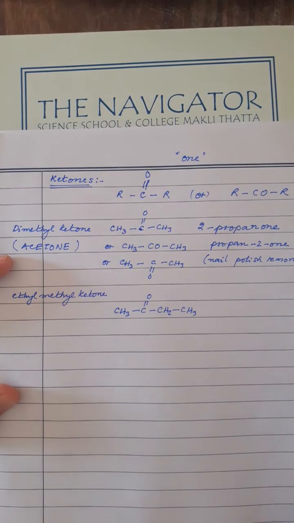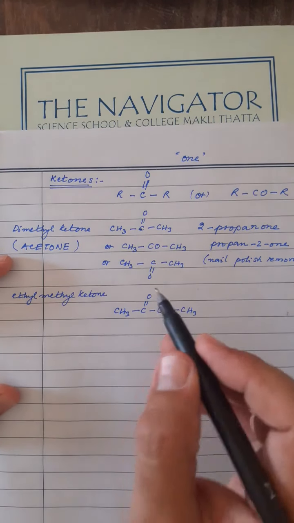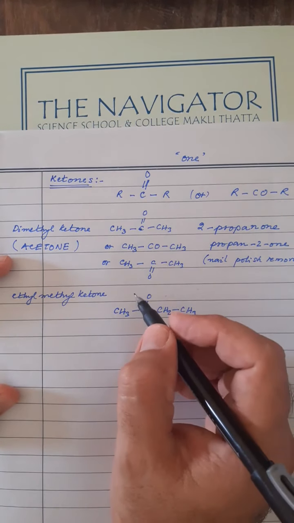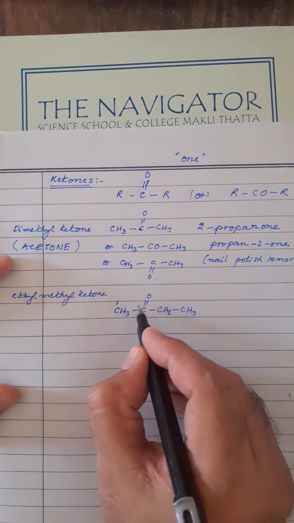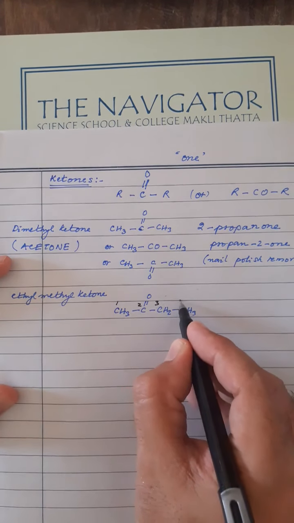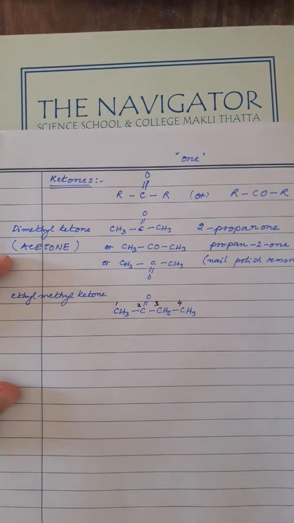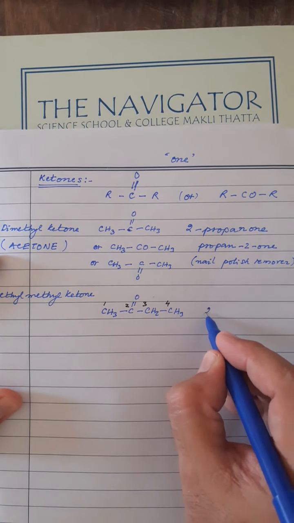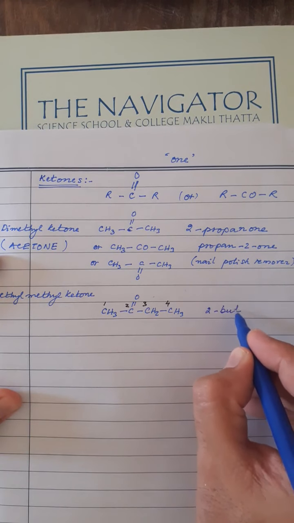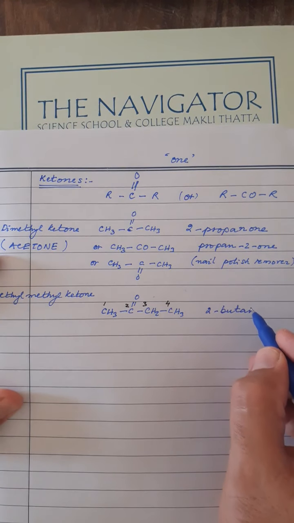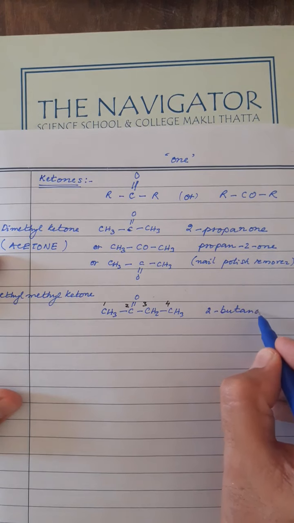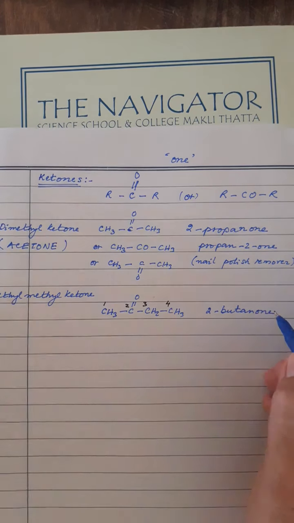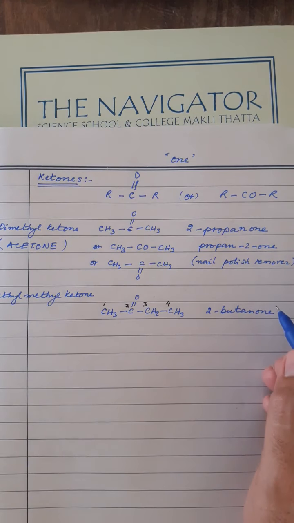IUPAC will say number the chain from the side where the carbonyl gets the least number. So 1, 2, 3, 4. What is this? 2, yeah? 2 propa or buta? 2 butanone or butane-2-one. Easy and very simple.